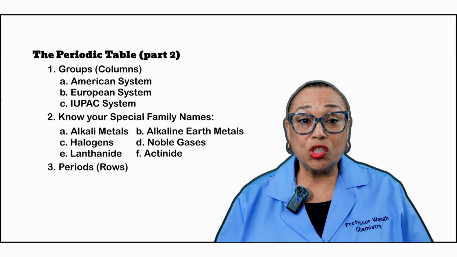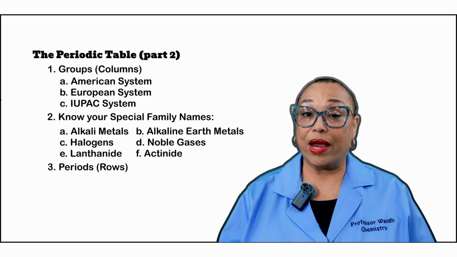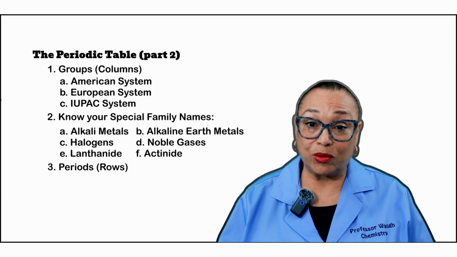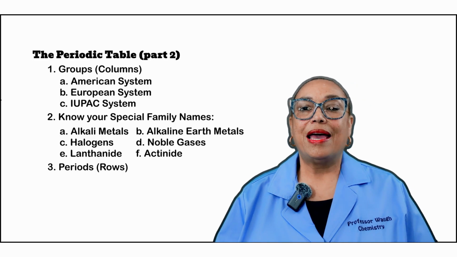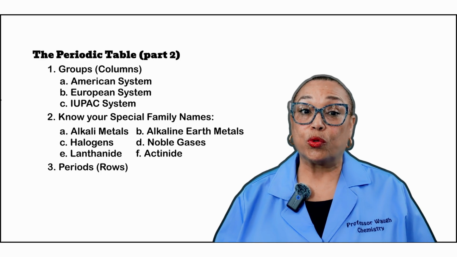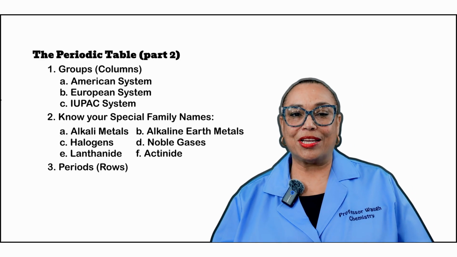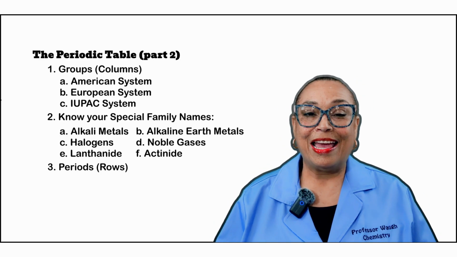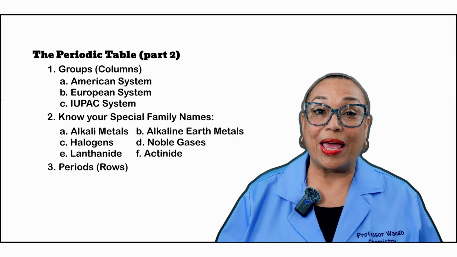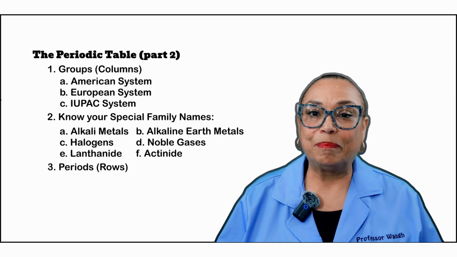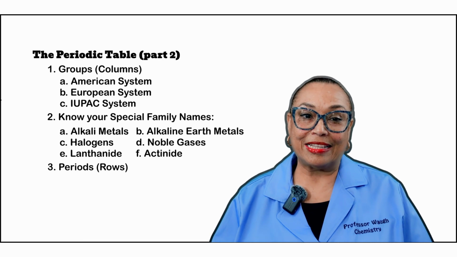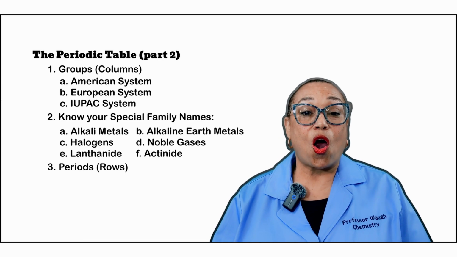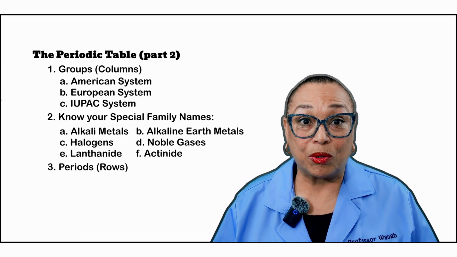So remember to memorize where the alkali metals, group 1A, alkaline earth metals, group 2A, halogens, group 7A, noble gases, group 8A, and at the bottom, the lanthanide and the actinide series are on the periodic table.